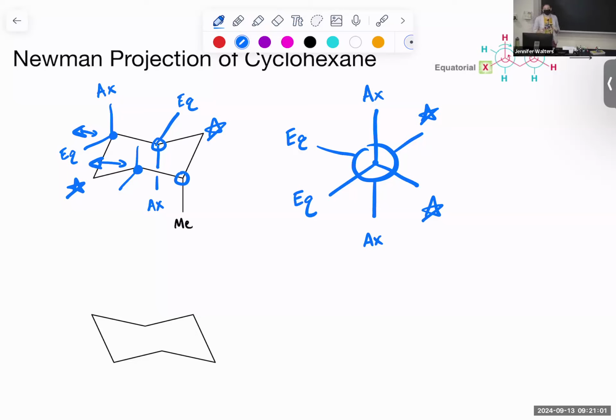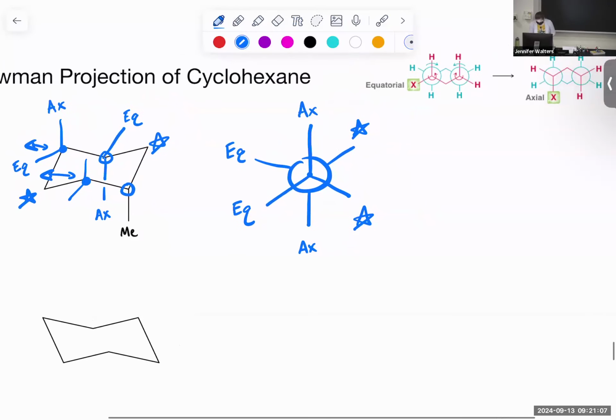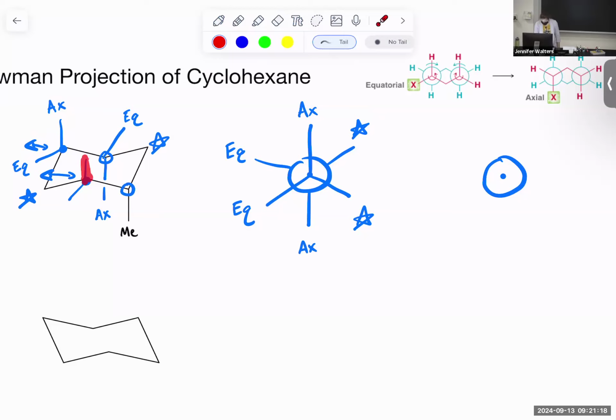Cool. So then I close my left eye, and I'm going to open up my right eye. So then I, again, get my circle, my dot. On the right eye, I again see the line go straight up on the front carbon. So I go straight up on the front carbon, and then I get my upside down Y. On the back carbon, I see it goes straight down for the axial.